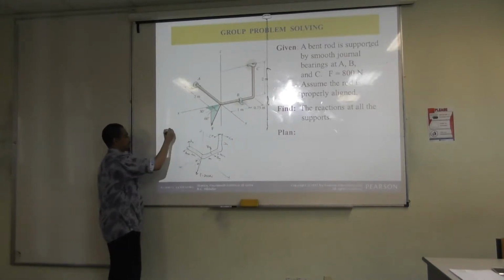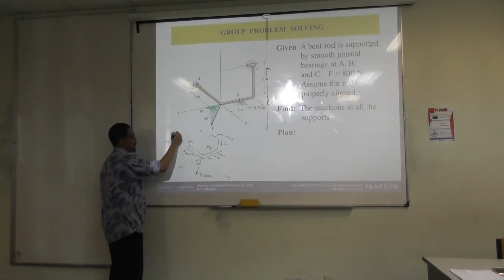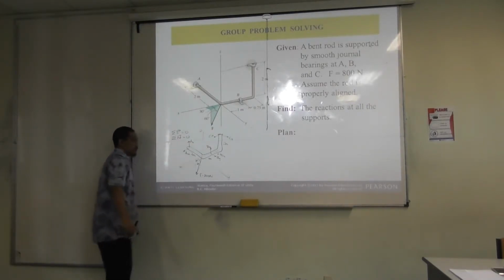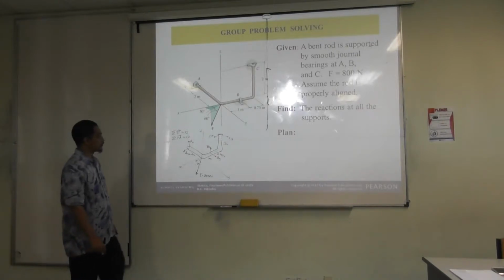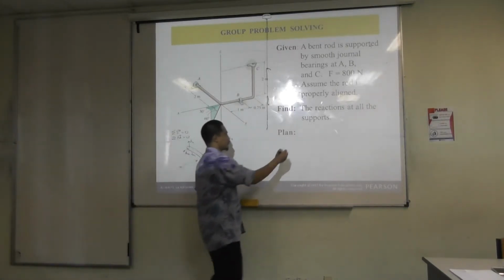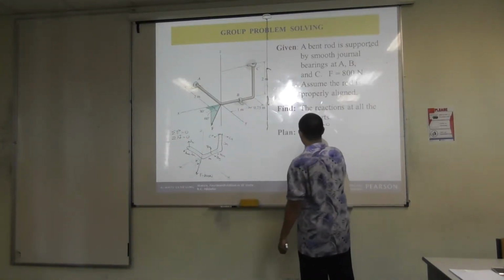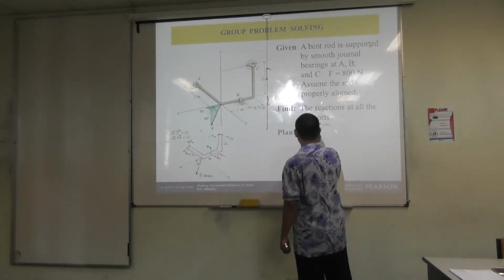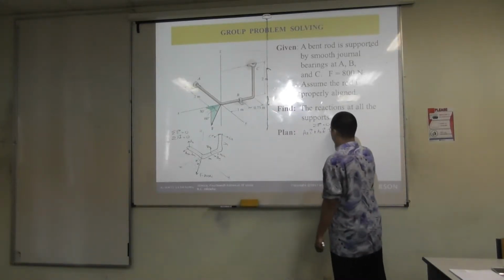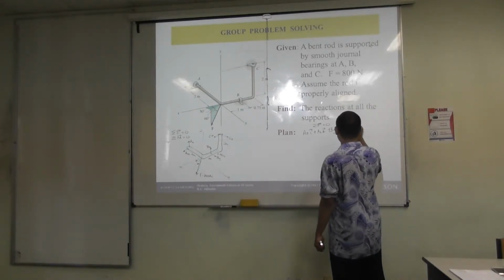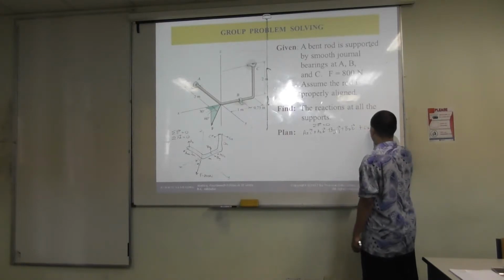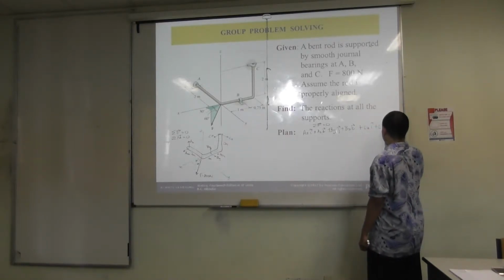And if you have vector, then you have two equations basically, summation of forces equal to 0 and summation of moment equal to 0. For summation of force, so what will you have? Summation of forces equal to 0. So basically you have AXi plus AZk plus BYj plus BZk plus CXi plus CYj.